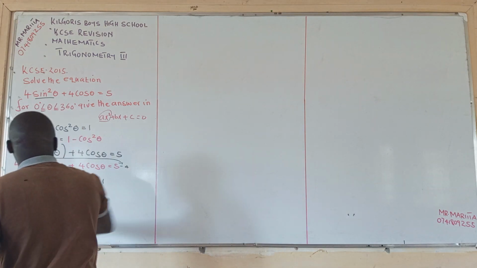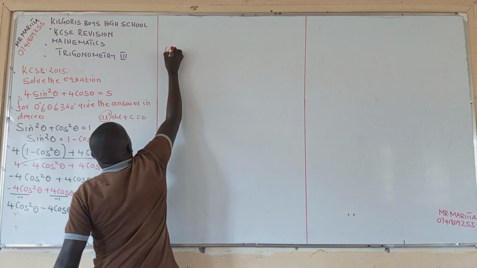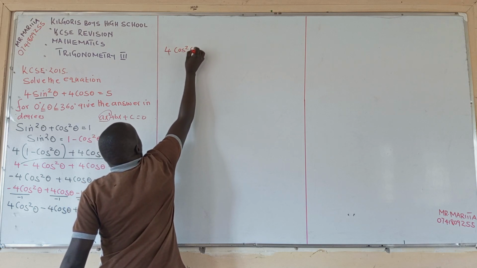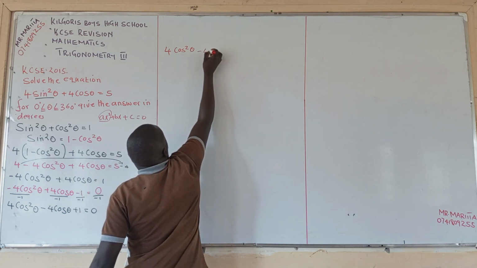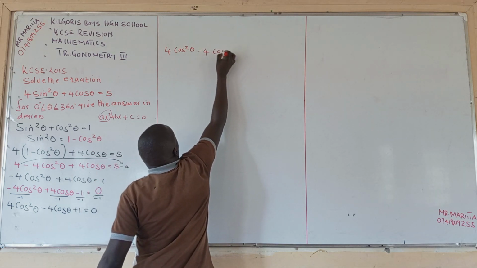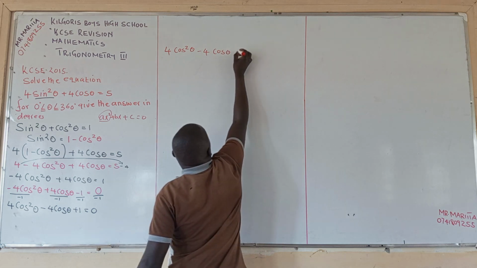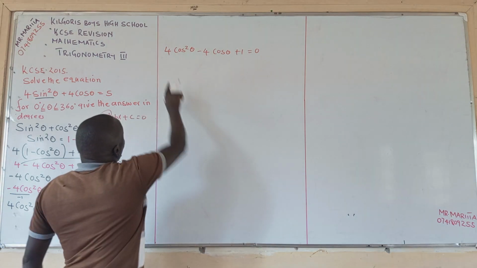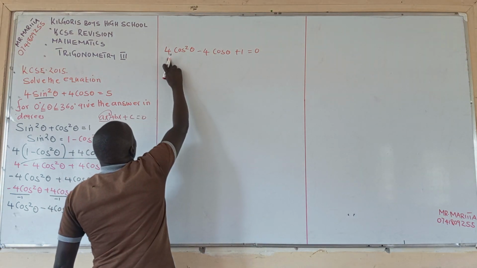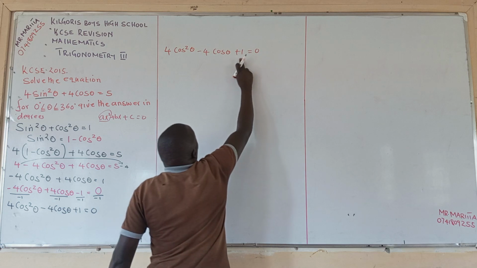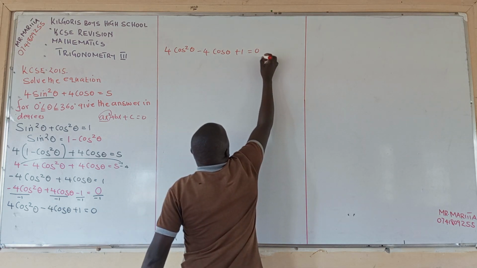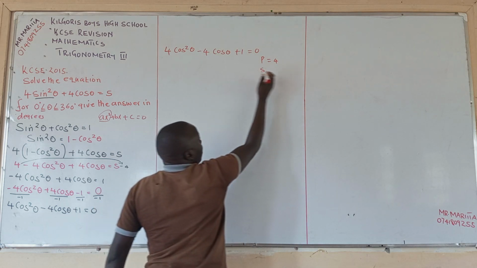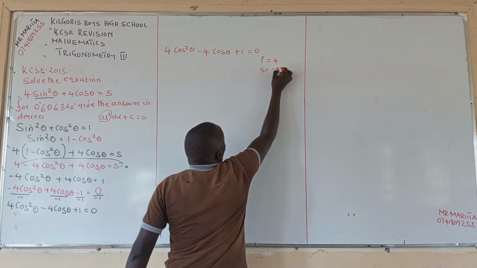For 4 cos squared theta minus 4 cos theta plus 1 equals 0, the product is 4 times 1, which is 4, and the sum is negative 4.